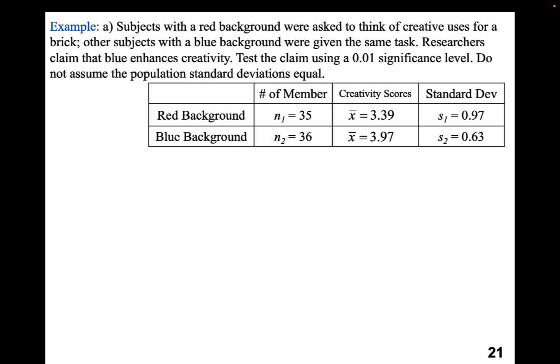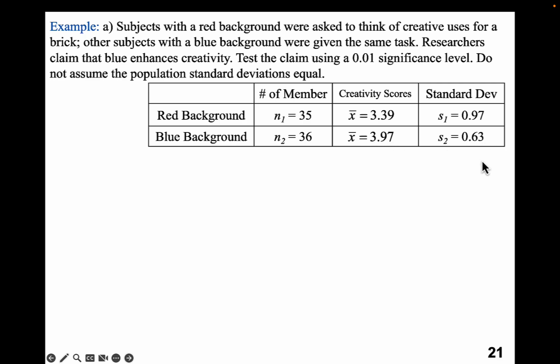Okay, so in our group with the red background, we had 35 members. And somehow, some way, they were given this creativity score. So they had an average score of 3.39 and standard deviation of 0.97. Members with the blue background, there were 36 of them. Creativity score looks a bit higher, 3.97.